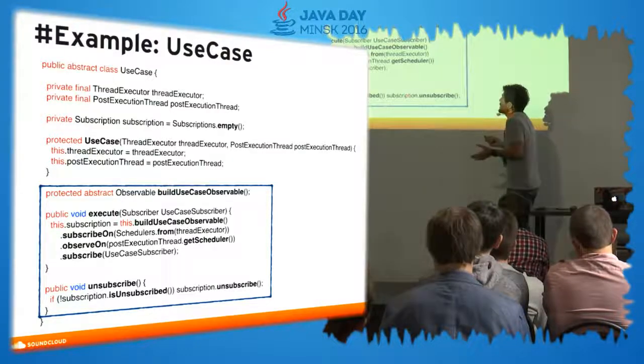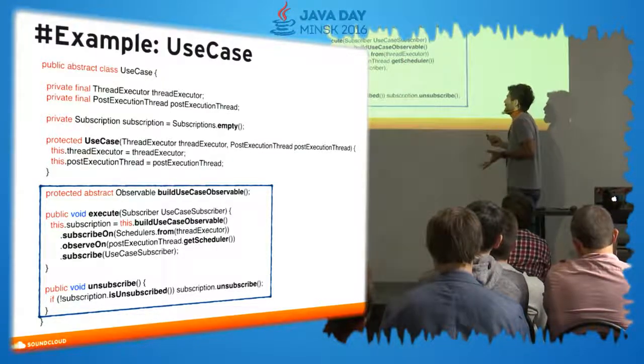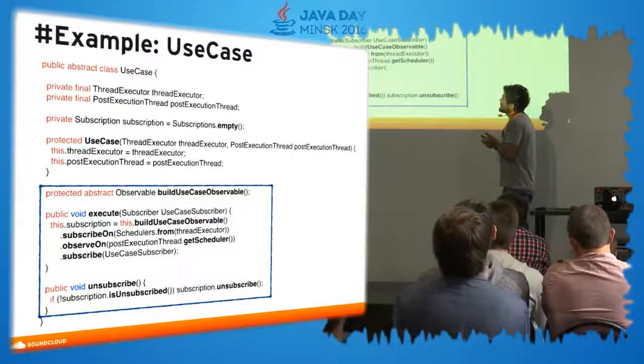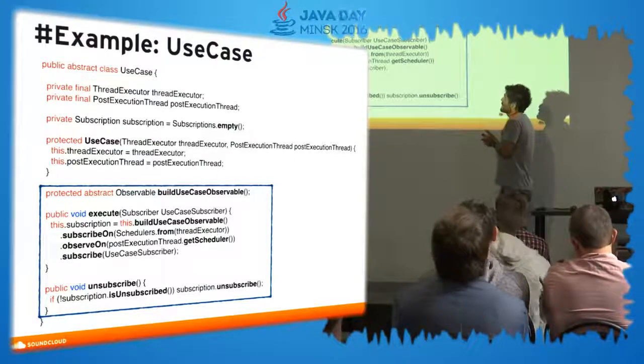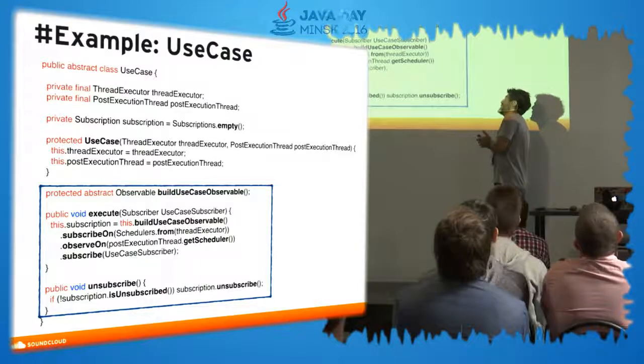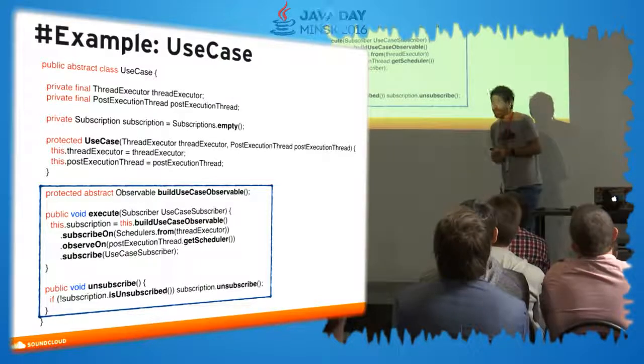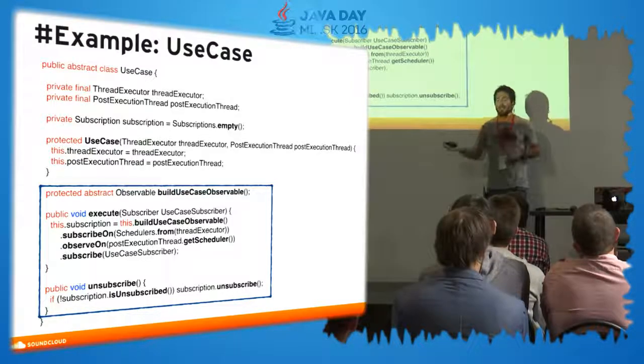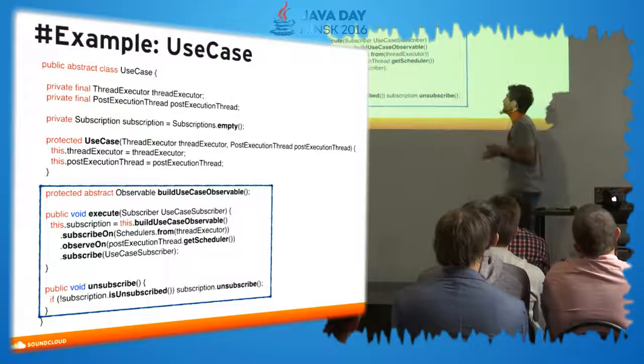But I could actually put any thread here. And of course, I'm just subscribing my use case subscriber, which is my presenter. So this is all the code I need to do all this in separate threads. As you can see, it's pretty simple.